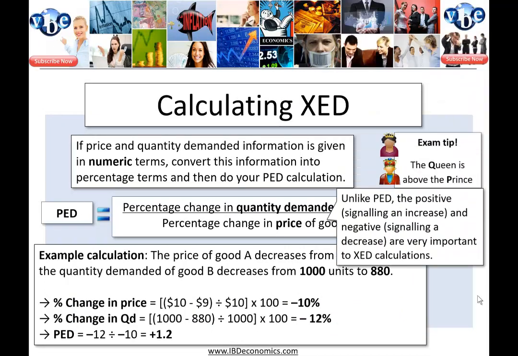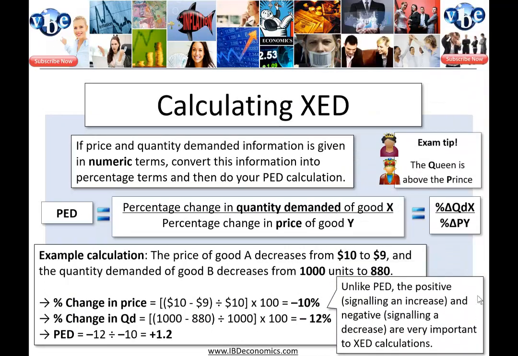We need to get the percentages taken care of. Okay, so here's an example calculation. The price of good A decreases from $10 to $9, and the quantity demanded of good B decreases from 1,000 units to 880. So we get that percentage change in price, and this time it's a decrease in price, and it decreases by 10%. That's why we've got the negative 10% there.